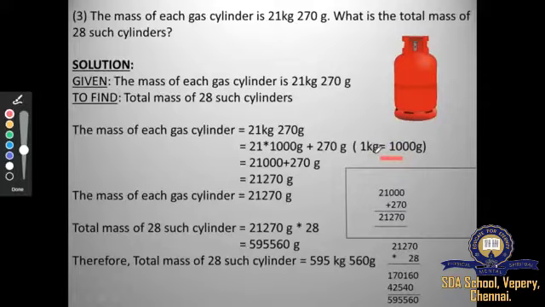When you convert a larger unit to a smaller unit, we have to multiply. So, 21 into 1000 gram plus this 270 grams, which is equal to 21,000 plus 270 gram, which is equal to 21,270 grams. Here I have added and shown.